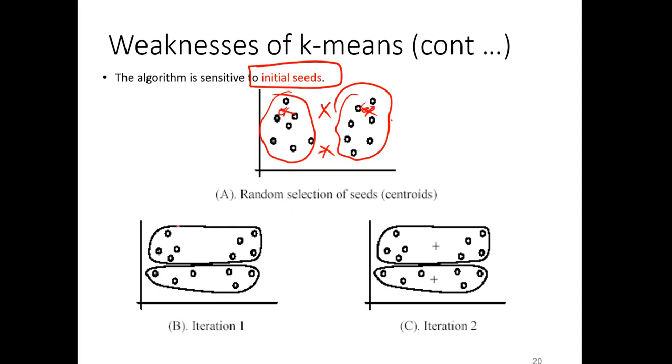In that case, the first cluster will be this one. It will take half of the first one and half of the second one, and combine it as one. The second time, you recalculate the centroid, and the centroid comes out to be here, and then it doesn't change. Now you can see this is not a proper clustering. You are getting a somewhat misleading clustering. It should have been like this, right?